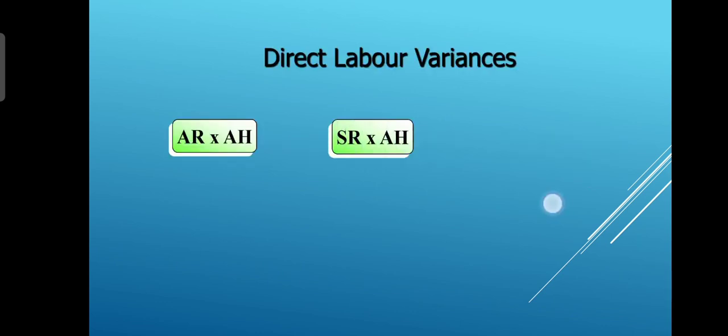You can also use diagram to show all your calculation of direct labor variance. There are 3 points there: ARAH, SRAH, and SRSH.